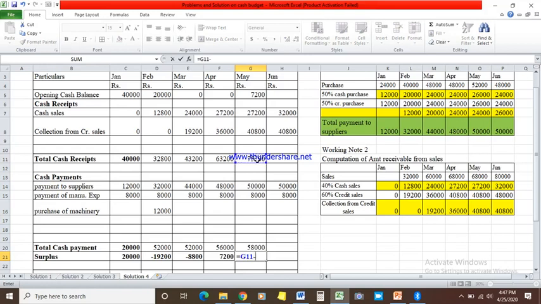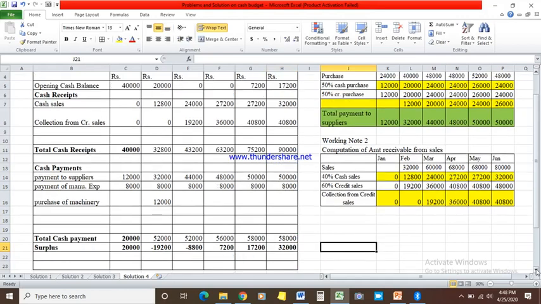So 75,200 minus 58,000, 17,200. So again opening balance 17,200. Take the total, payment total, and then total receipts minus total payment, 32,000.